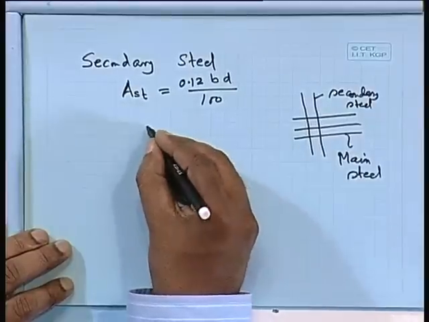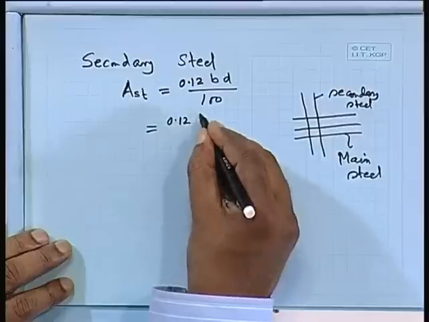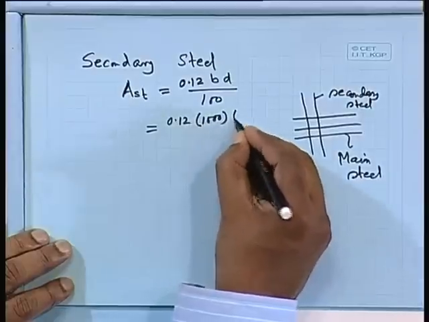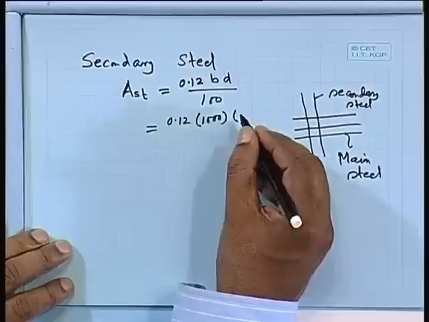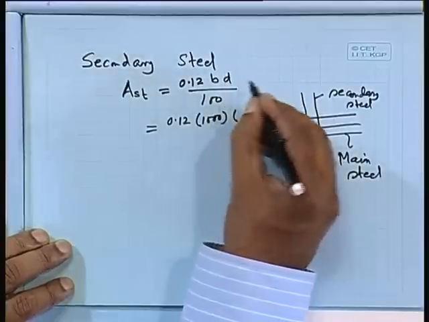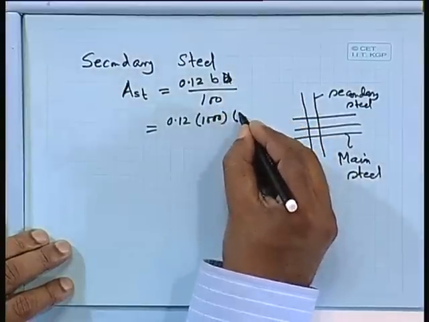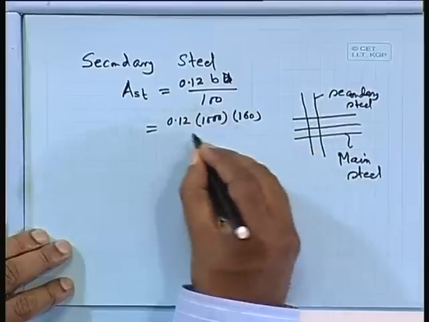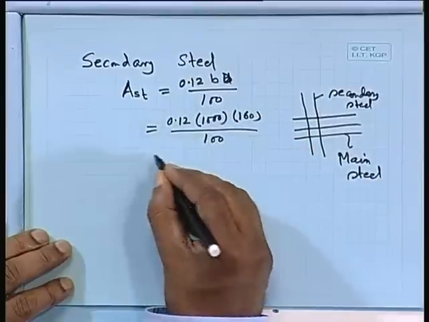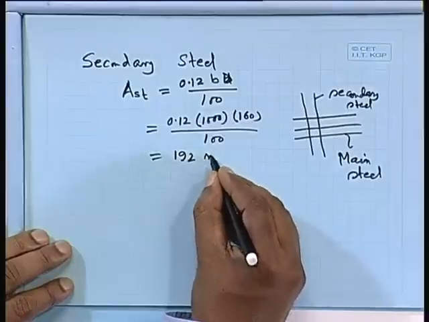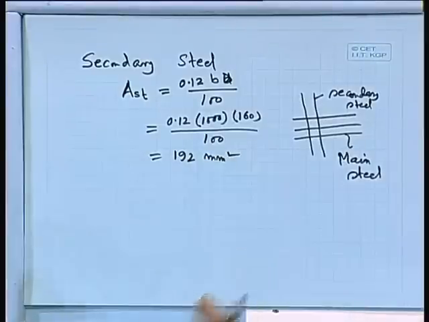So, 0.12 percent gives 0.12 times 1000 times, sorry, this is your overall depth, 160, divided by 100, equals 192 square millimeter. Let me check it once more: 0.12 times 1000 times 160 divided by 100, okay, 192.